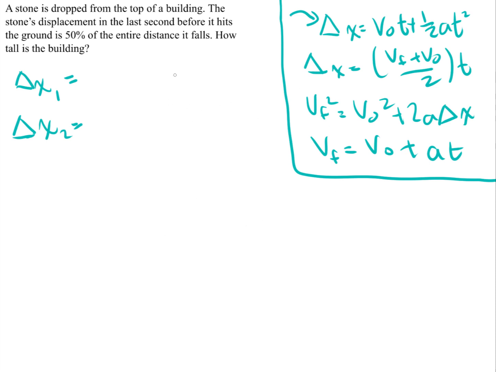We are going to set the reference frame to be the positive x-axis downward, as that will prevent some negatives and simplify our calculations. With that, the displacement of the first part can be represented as 1/2 g t squared, where g is the gravitational acceleration, since we have no initial velocity in our first case; it's just dropped from the top of the building, not thrown down.